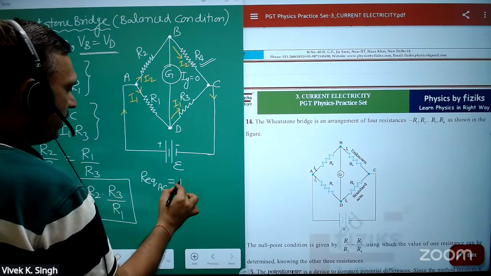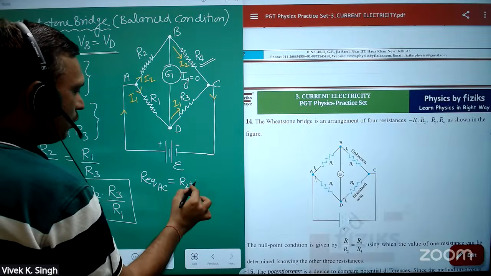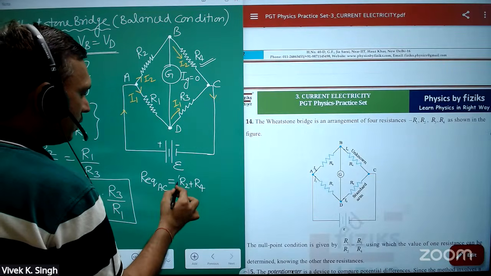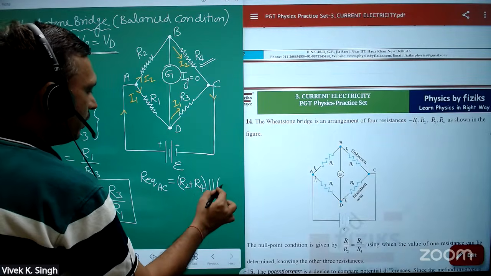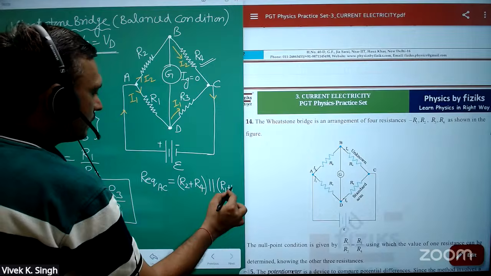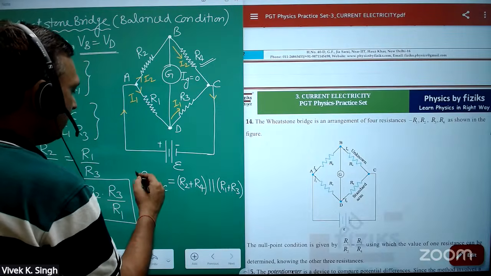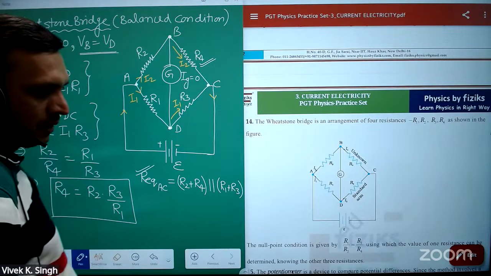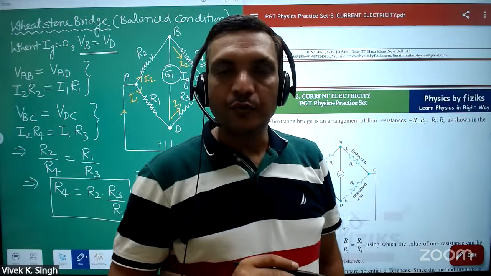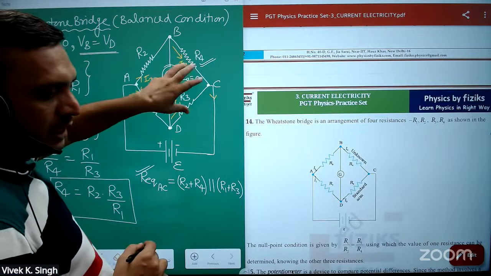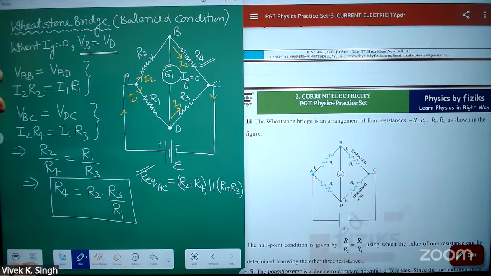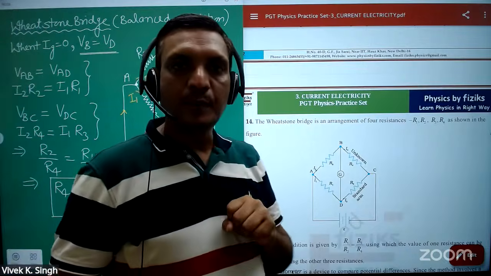So this will be R2 plus R4 in parallel combination with R1 and R3. This will be the equivalent resistance. So you must know about the Wheatstone bridge, what the balanced bridge condition is, and in the balanced case, what the equivalent resistance should be. So that is the summary for this particular chapter.